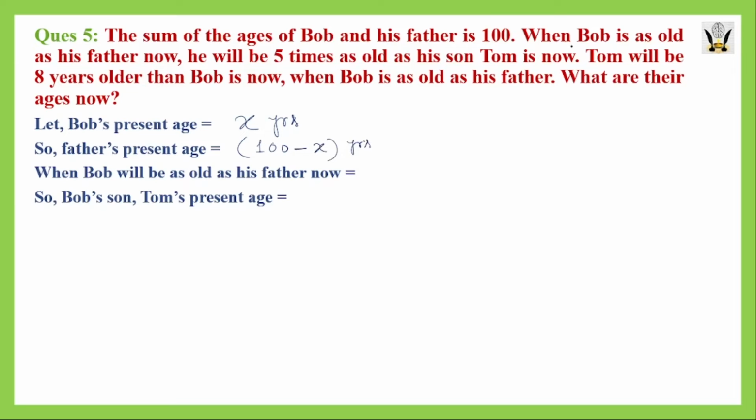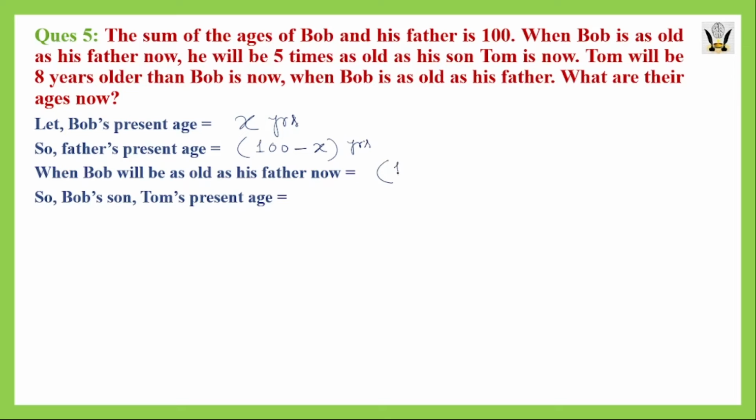Now the problem statement says when Bob is as old as his father now. So what is his father's current age? It is 100 minus x. So when Bob will be as old as his father now, that time is in the future. So in future, at that point of time, Bob's age will be his father's present age.